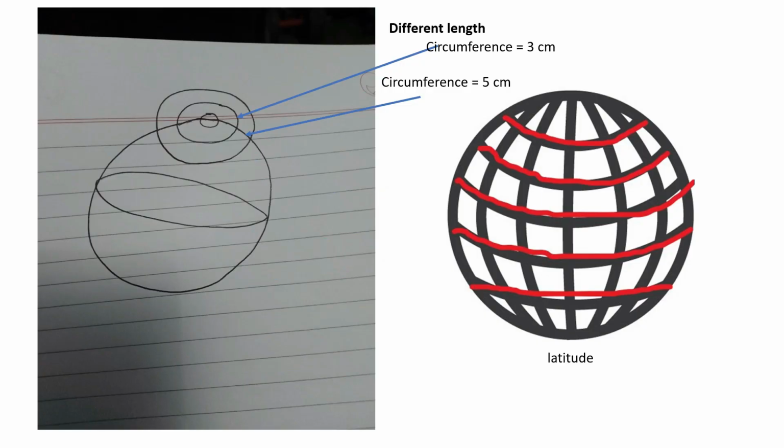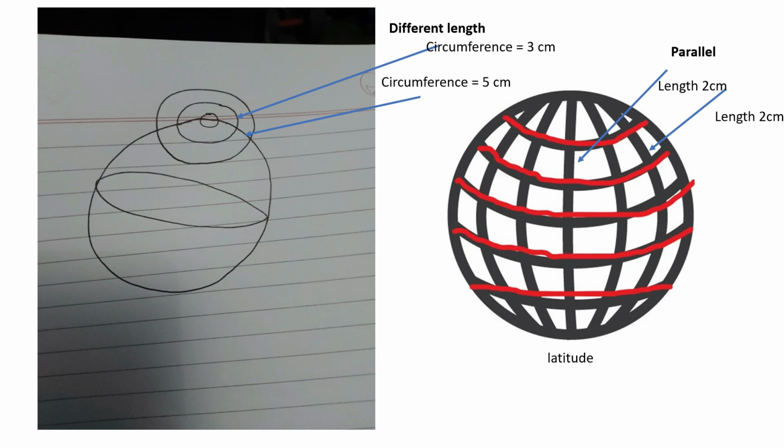If you observe latitude, it has different lengths, and it is parallel. If you don't know the definition of parallel, in parallel lines, if you measure the distance between the two lines, it is the same everywhere.